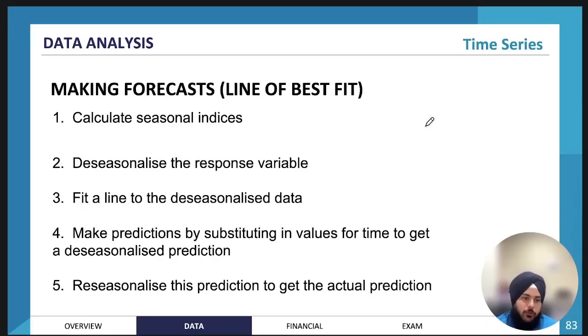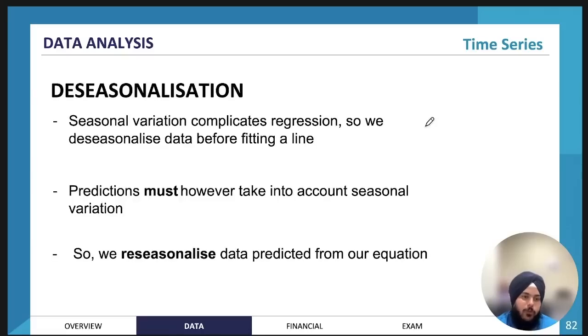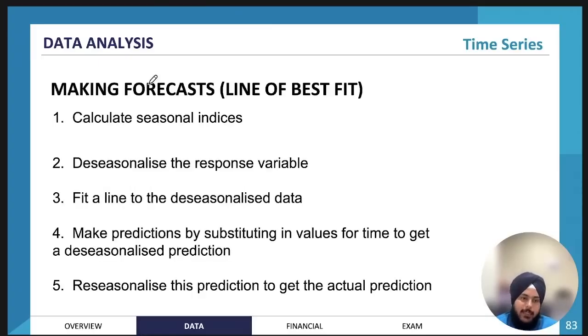Once you've deseasonalized, you will get a set of deseasonalized values, and from there you can construct a model, which is called forecasting in this case. First step, calculate seasonal indices for all the different seasons, which in an exam scenario will usually be given to you. Next, calculate the deseasonalized values for each of the months or weeks. Next, fit a linear regression line, constructing a line as we've looked at before.